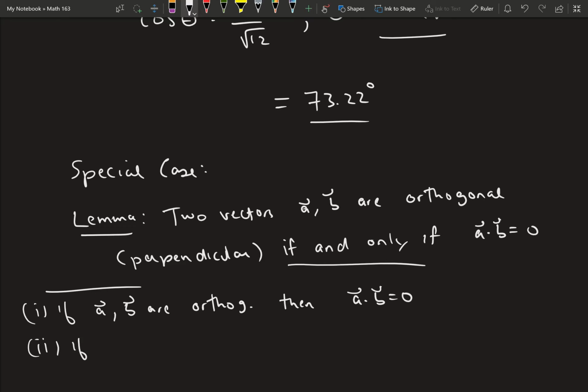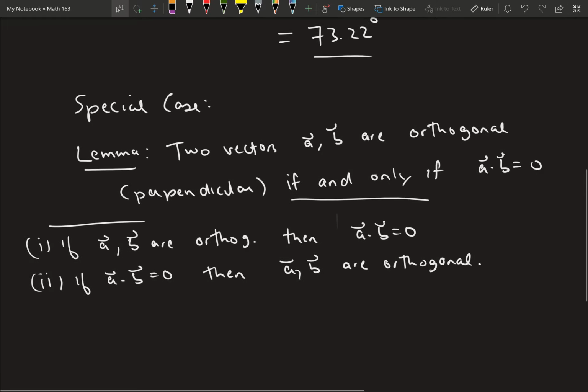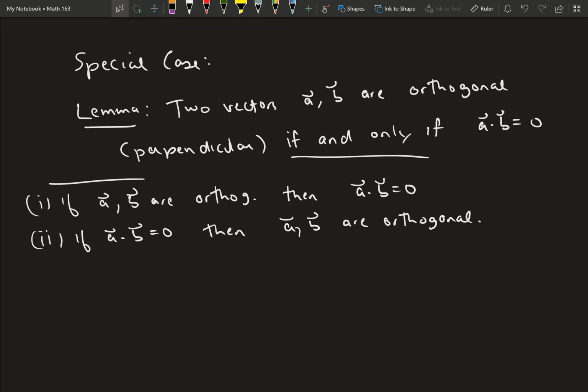And if A dot B is 0, then A and B are orthogonal. They're equivalent statements. Just so you know, in general, just because you have a true statement where one implies the other doesn't mean the other has to imply the first. So in this case, they're actually equivalent, and it's a simple proof.